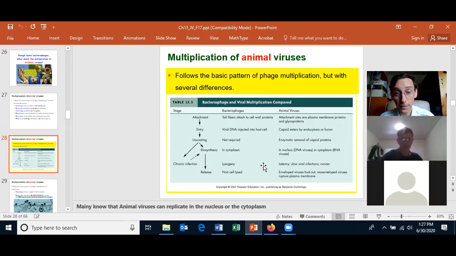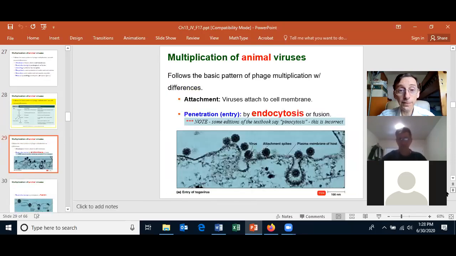And why they replicate in the nucleus? Because that is where animal cells have all the enzymes and the components that a DNA virus needs to replicate its DNA genome. Any questions about that? So those are differences between animal virus and bacteria viruses.